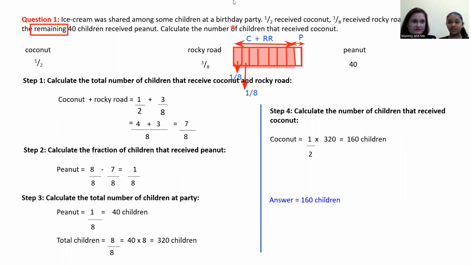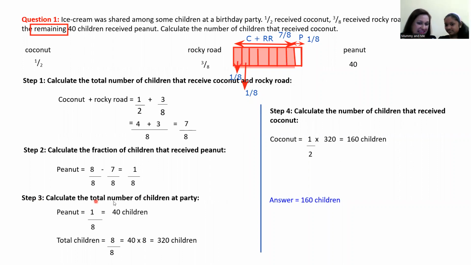So 7/8 received coconut and Rocky Road, and the remaining 1/8 received peanut. So that's the fraction of children that received peanut.